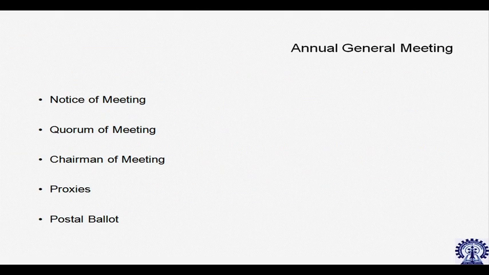Now, in the annual general meeting, there are certain specific things you should keep in mind. You have to give a notice of clear 21 days, and in the notice you need to specify what business you are going to transact in the annual general meeting.